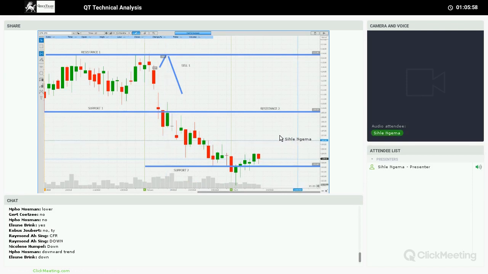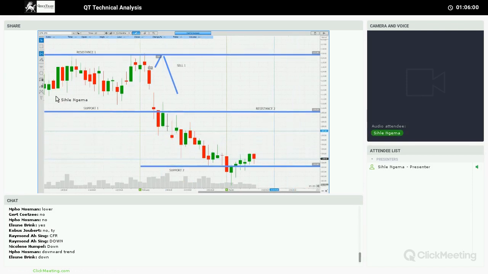So that means that if I was to take a trade for a buy, for example, if I am a risk taker, if I want to go on a buy from support 2, my target is going to be straight at resistance 2. So this will be the trade that I will take, this line moving from support 2 going towards resistance 2.